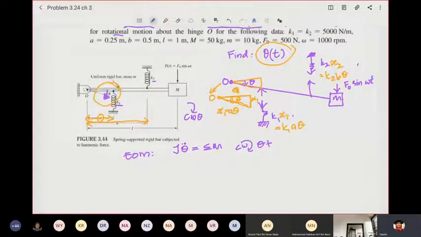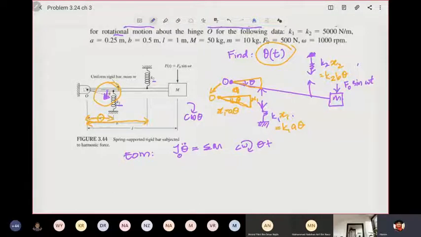Here we have your J, which is actually J naught, with respect to this pivot point O. Although we have J naught theta double dot, you can see there are two masses.